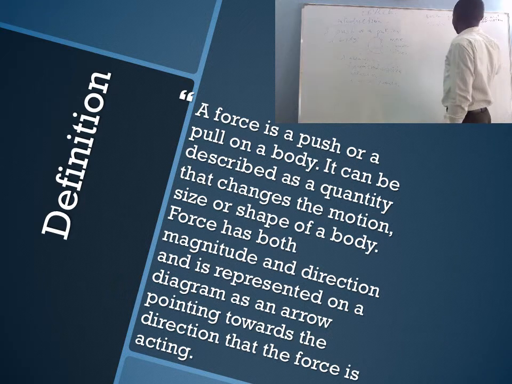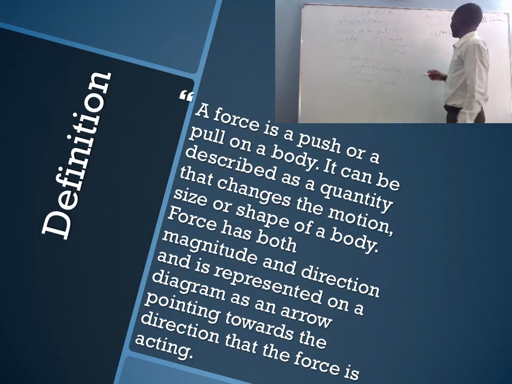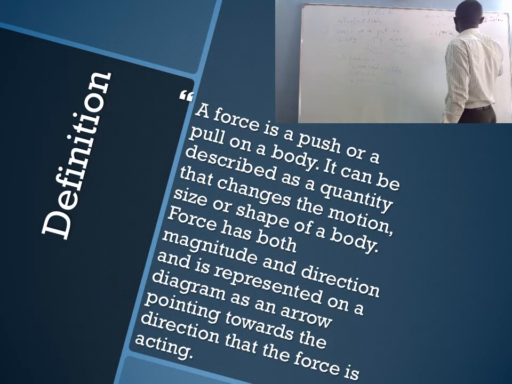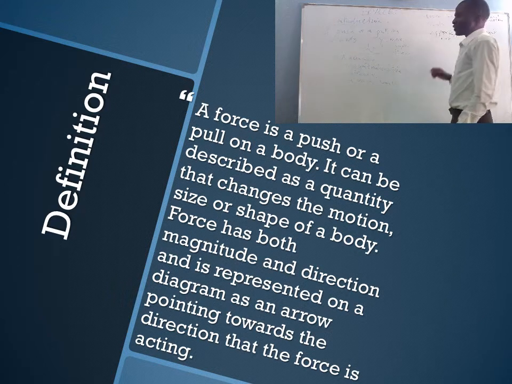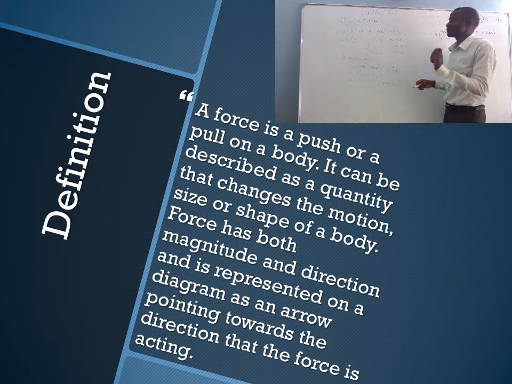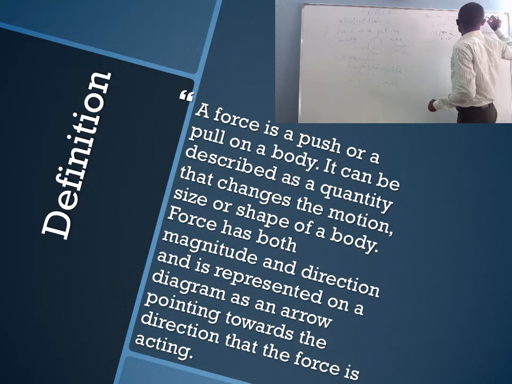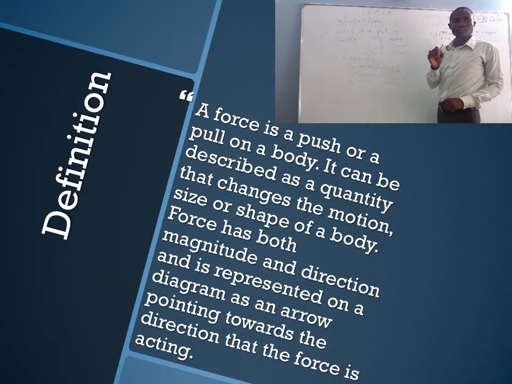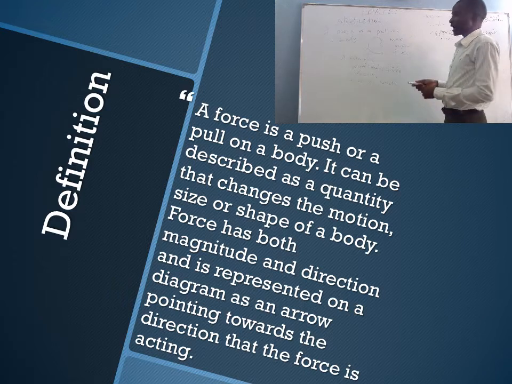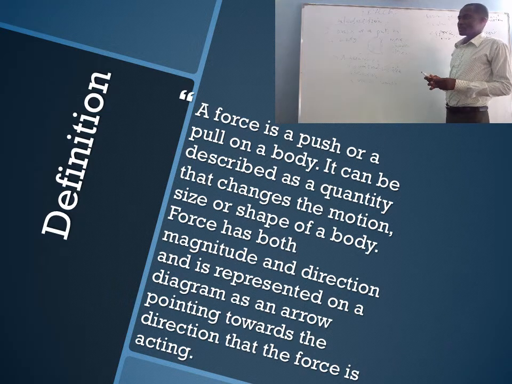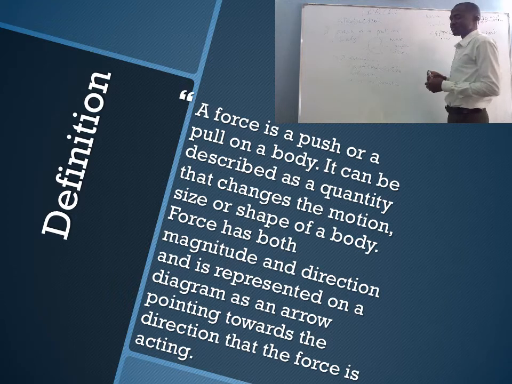Examples of vector quantities include force, the one we are looking at today, pressure, and weight, etc. When describing a vector quantity, we must talk about the size or the magnitude of that quantity, how big or how small it is.